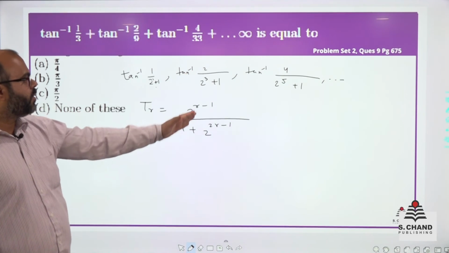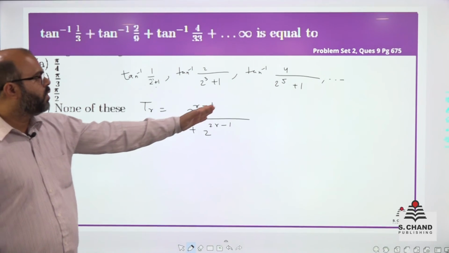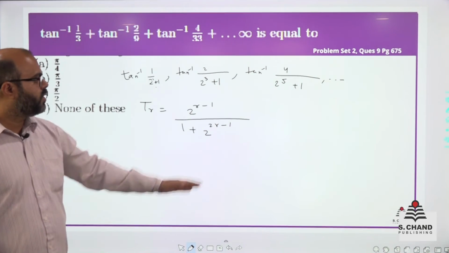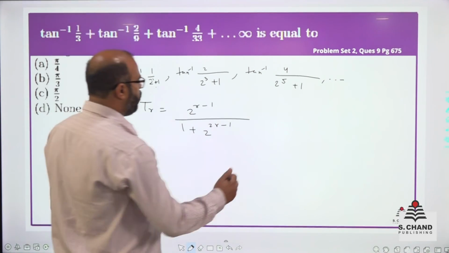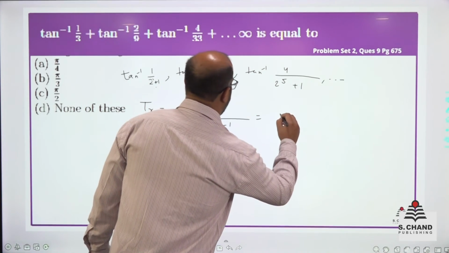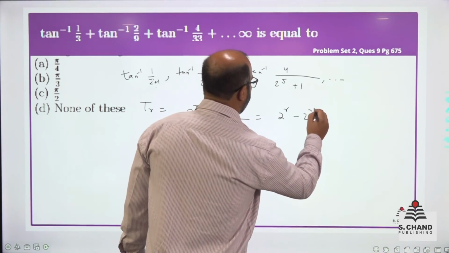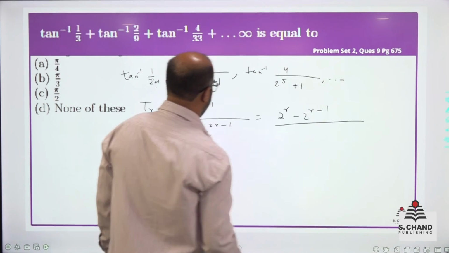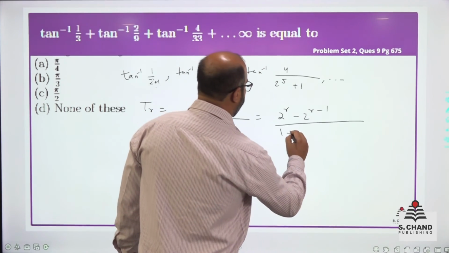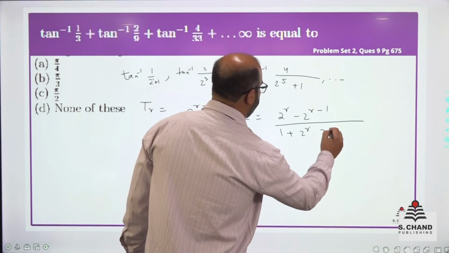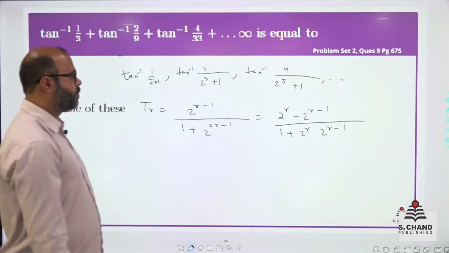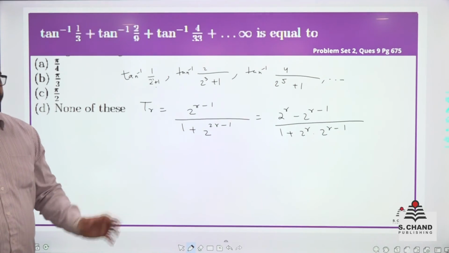This is the first term when r is equal to 1, the second term if r is equal to 2, the third term if r is equal to 3. Now this numerator can be written as 2 to the power r minus 2 to the power r minus 1. And in the denominator it will become 1 plus 2 to the power r into 2 to the power r minus 1 after splitting them.